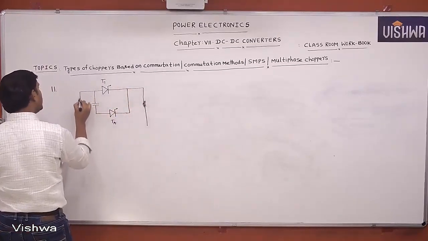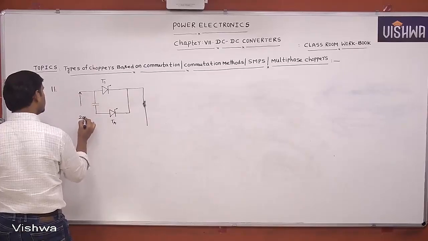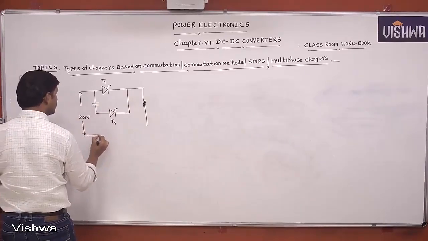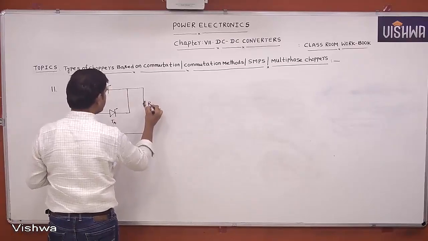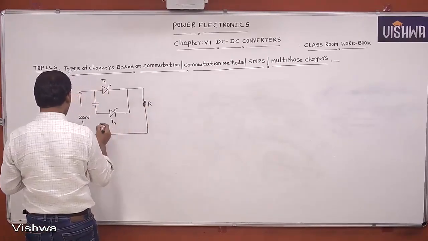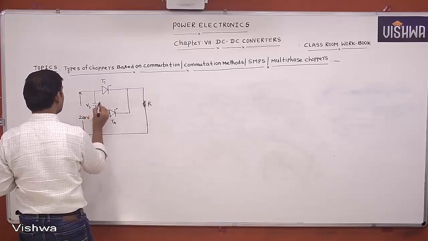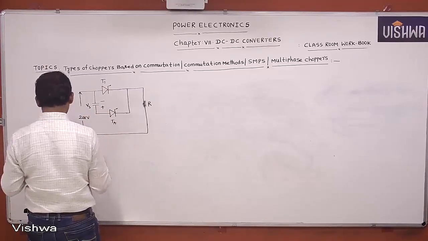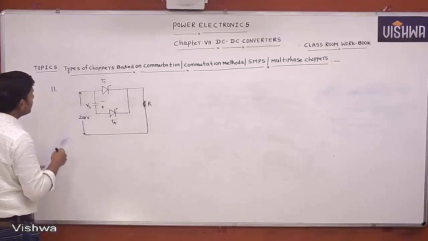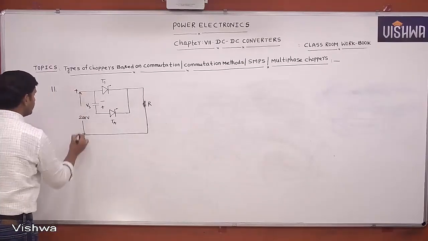The supply voltage is 200 volts. This is the resistance. The capacitor C has polarity as marked, charged to Vs.